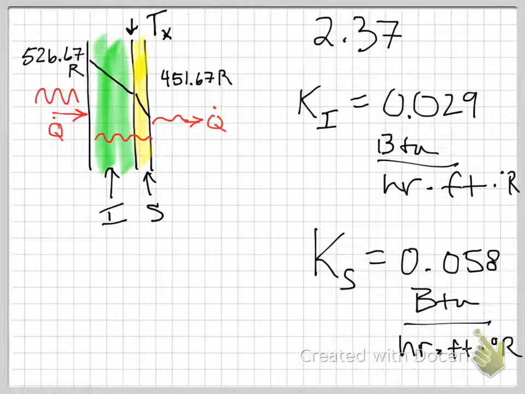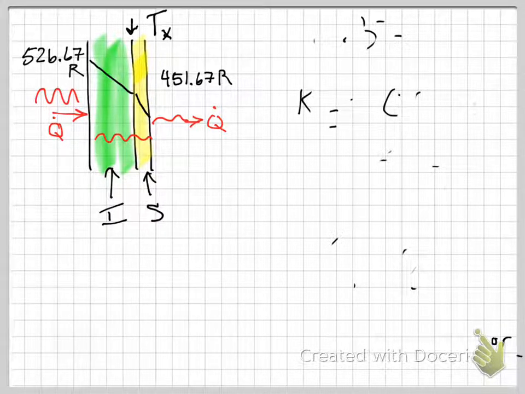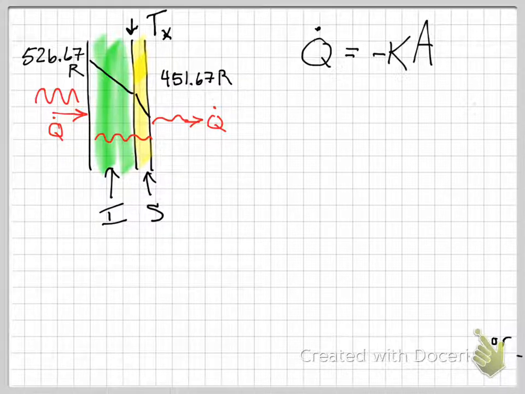Now we have a situation with conduction through two surfaces, and we're going to use our conduction equation. Our conduction equation, as we learned in the previous video, is that the heat transfer rate, Q dot, is equal to negative kappa times area times dT/dx.